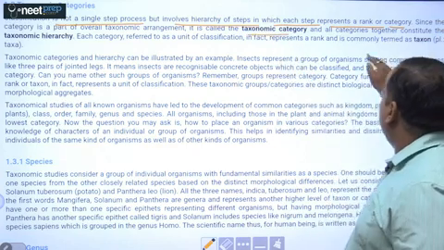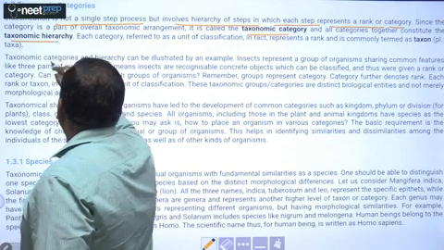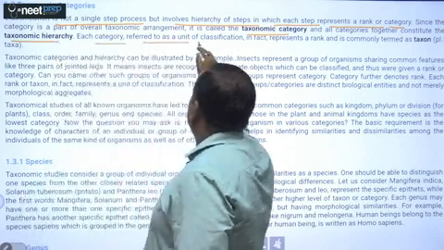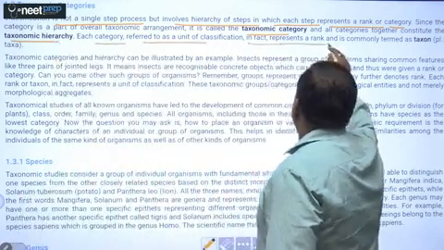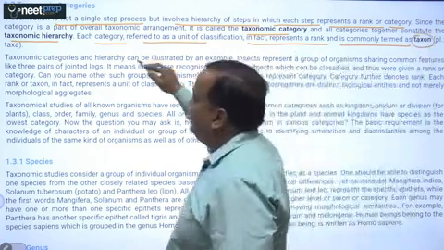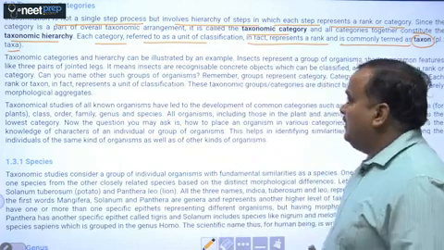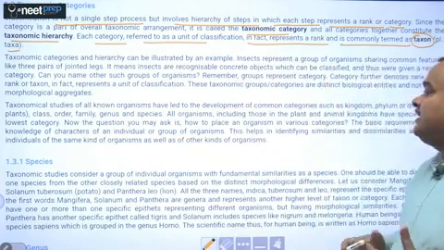All categories together constitute the taxonomical hierarchy. Now each category, referred to as a unit of classification, in fact represents a rank. It is commonly referred to as a taxon and the plural is taxa. That I have discussed earlier. Now there are 7 obligate categories.